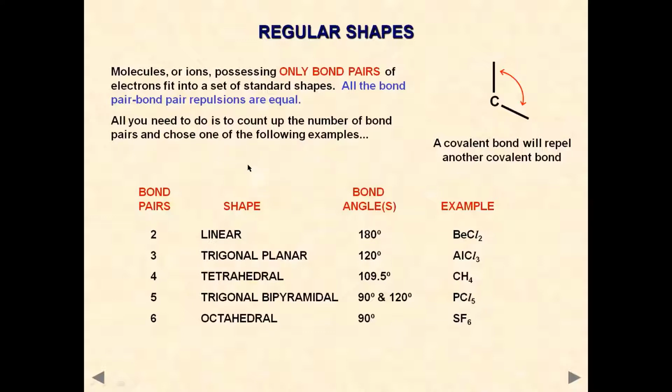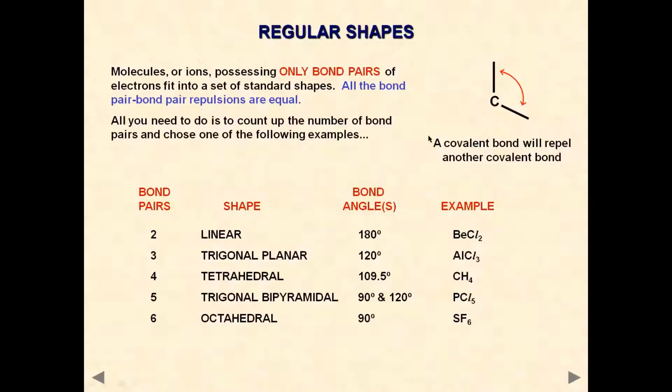Linear means a straight line, and the bond angle is going to be 180 degrees. And the example of this is BeCl2. So in this case, beryllium is the central atom, with one chlorine on one side and the second chlorine on the second side.